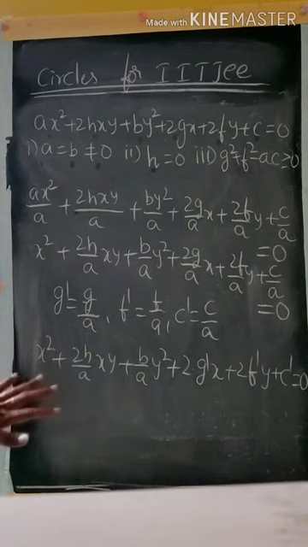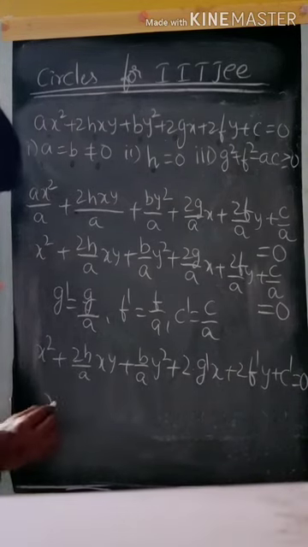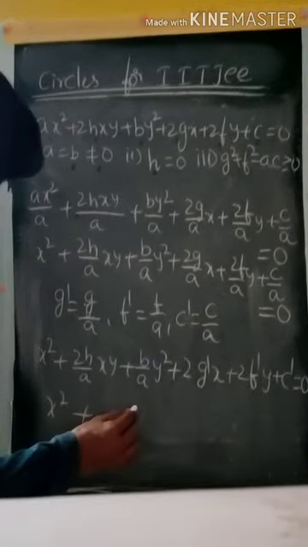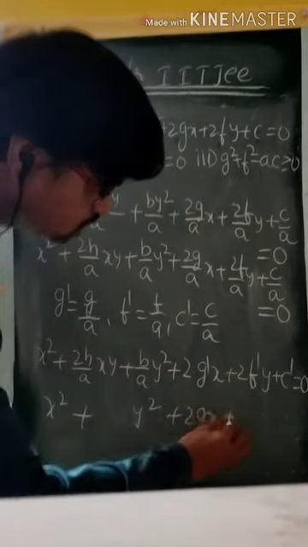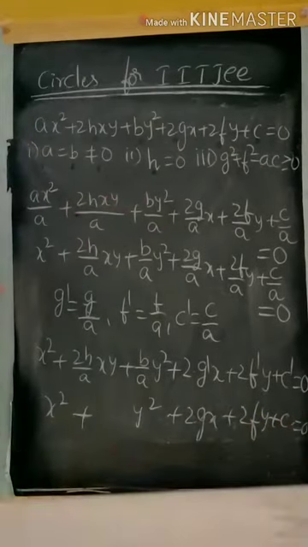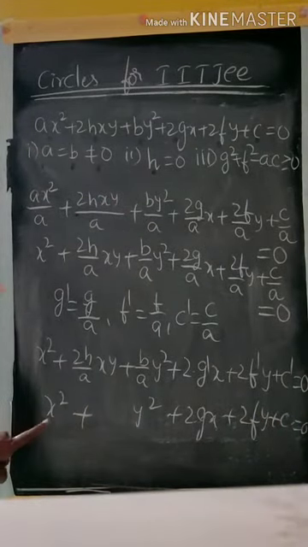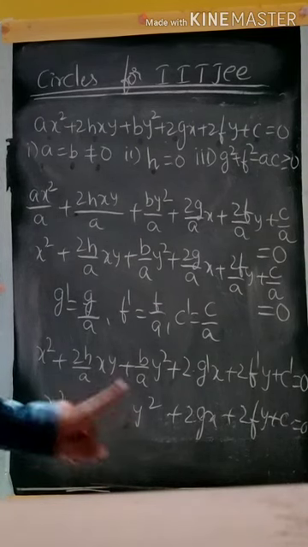Now when you compare this equation with the general equation we discussed just before this class, x² + y² + 2gx + 2fy + c = 0, here if you see, the coefficient of x² is 1, and the coefficient of y² is also 1.